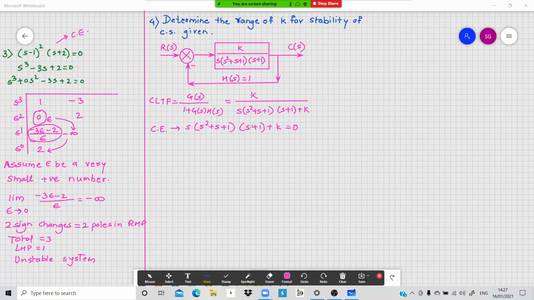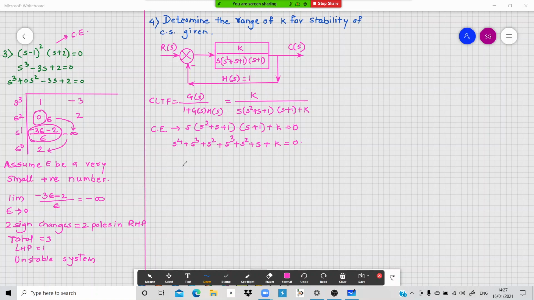You just solve this. So you are going to have S raised to 4 plus S cube plus S square, and then multiply by S. So it is going to be S cube, S square, S square plus S and plus K equal to 0.